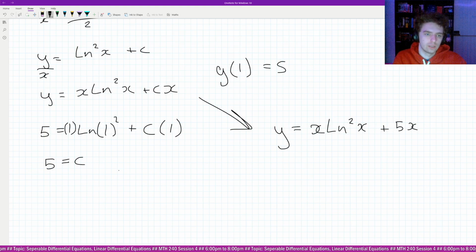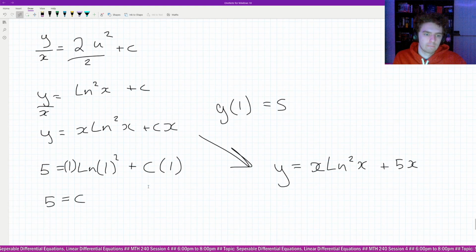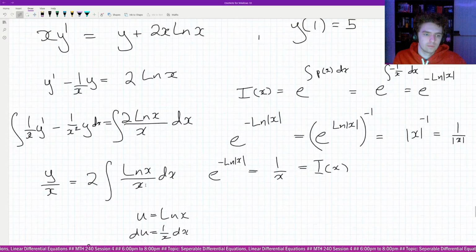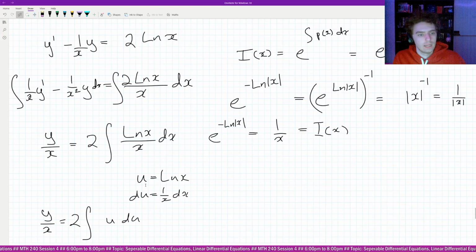And that's the solution. Wait, how do you do the integral of 1 over x y prime minus 1 over x squared y? I'm confused about the integral. You don't have to do the integral. You're doing the integral, but you don't have to think about it. This is the product rule.